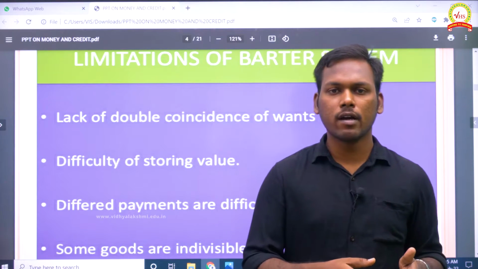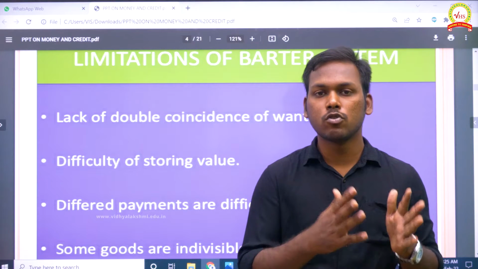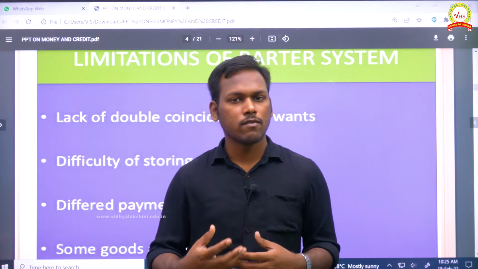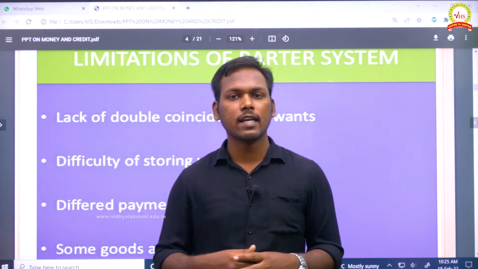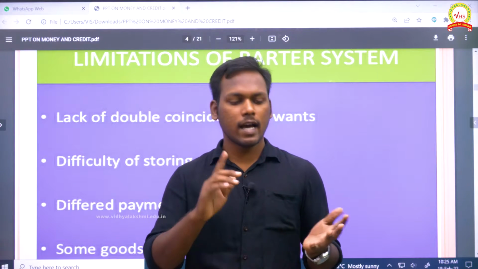In the case of the shoemaker, he is manufacturing shoes. Now the thing is, the shoemaker wants food grains to eat. He has to survive, no? For that he requires food grains. So for that the barter system is not at all useful. The thing is, he has got shoes.